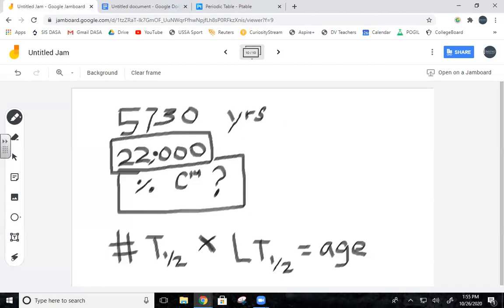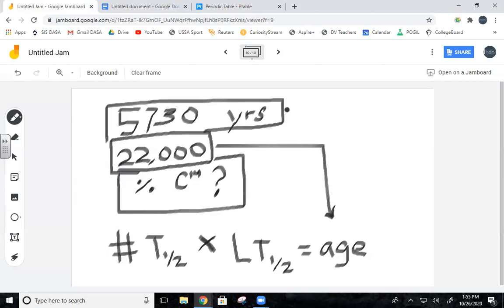And we can assume the age is this. So we need to solve for this and then convert it into a percentage.